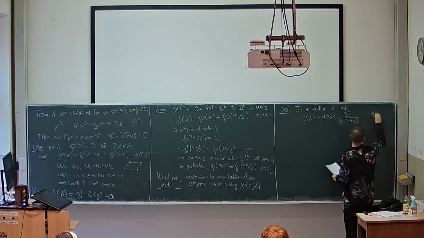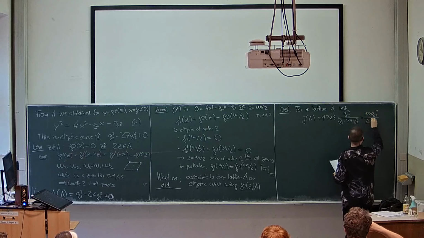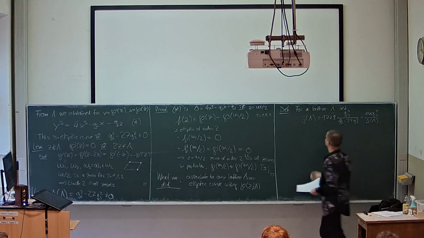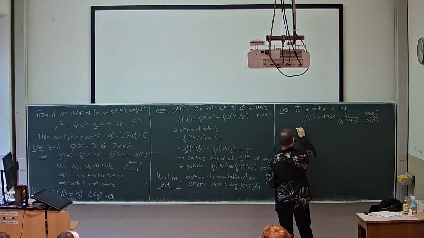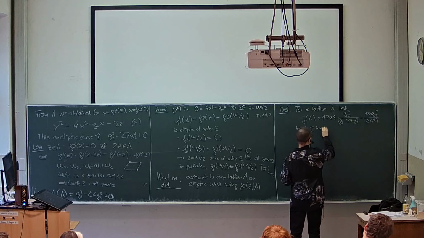So it's just g2 to the 3, times 1728, over the discriminant of this lattice. That be its J invariant. Okay, now it becomes awful.